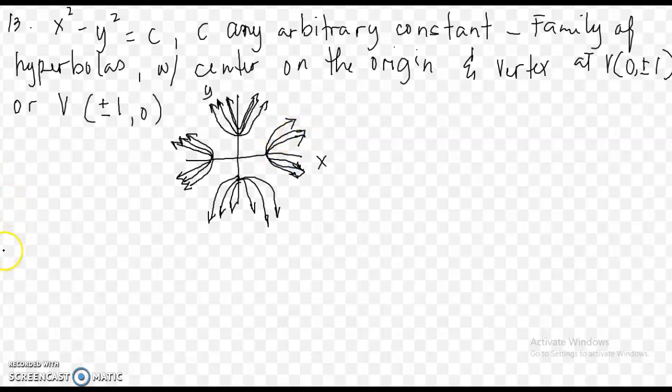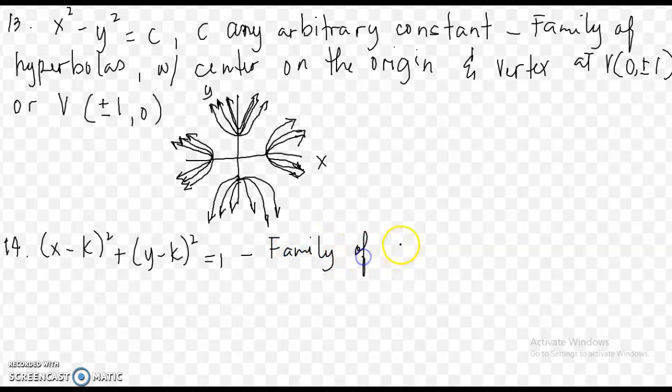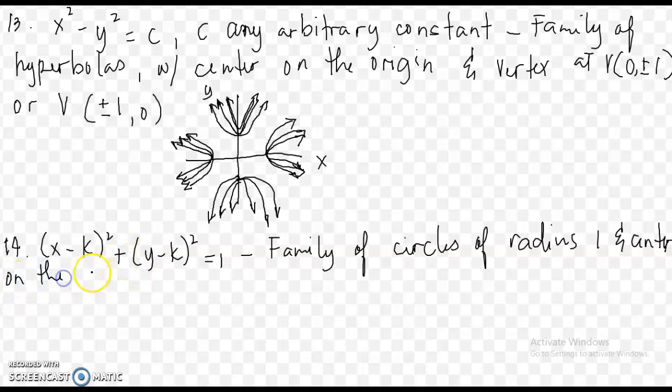Okay, next, for number 14, x minus k squared plus y minus k squared equal to 1. This one is the family of circles. Circles of radius 1 and center on the line y equal to x.